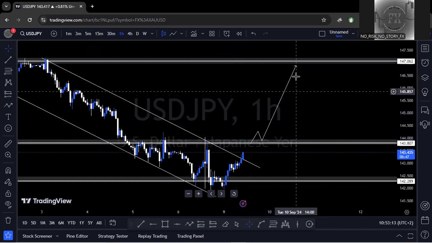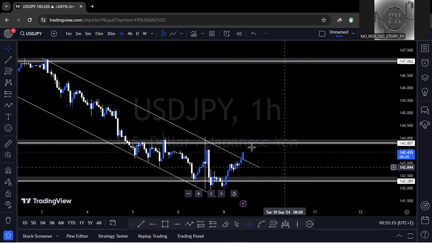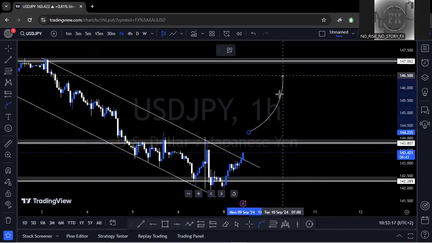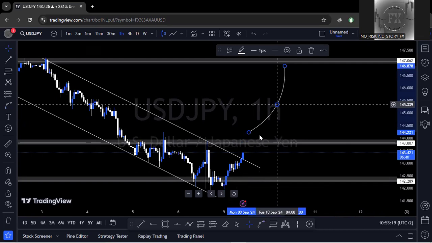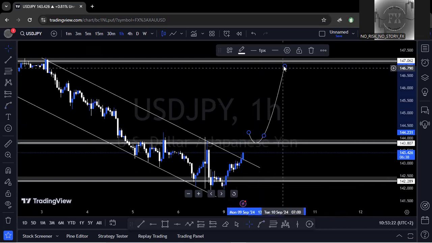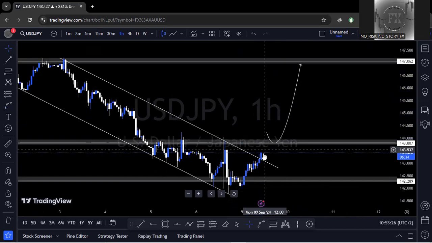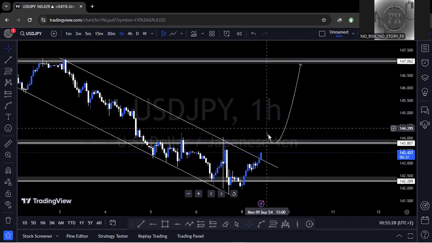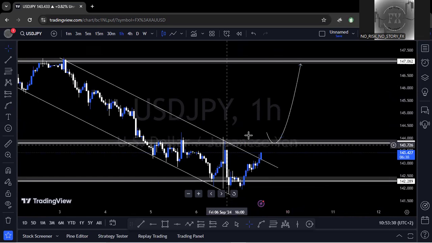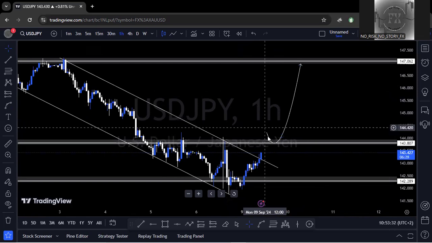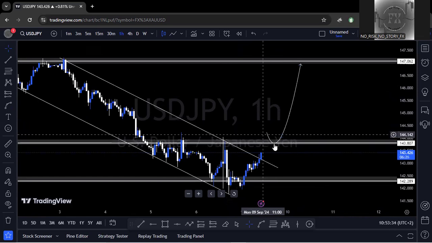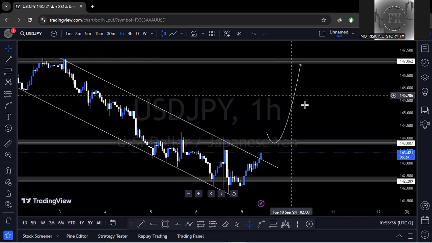So I'll wait for this market to push and break this area here, and then give me that retest to then buy this market.